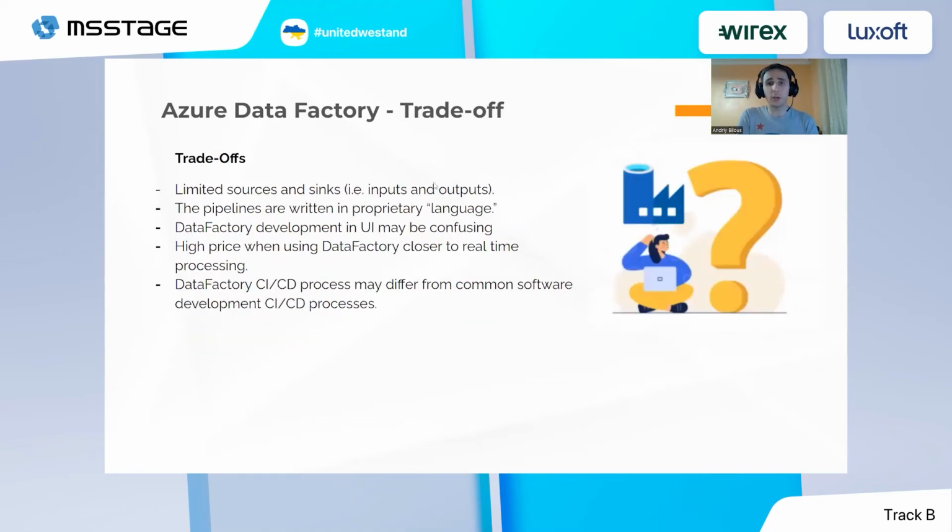But what are the trade-offs? As you see, there is no good tool that could do everything without trade-offs. Yeah, you have to pay for everything. And what we saw when we were trying to implement the Data Factory is that Azure Data Factory has limited sources and sinks.